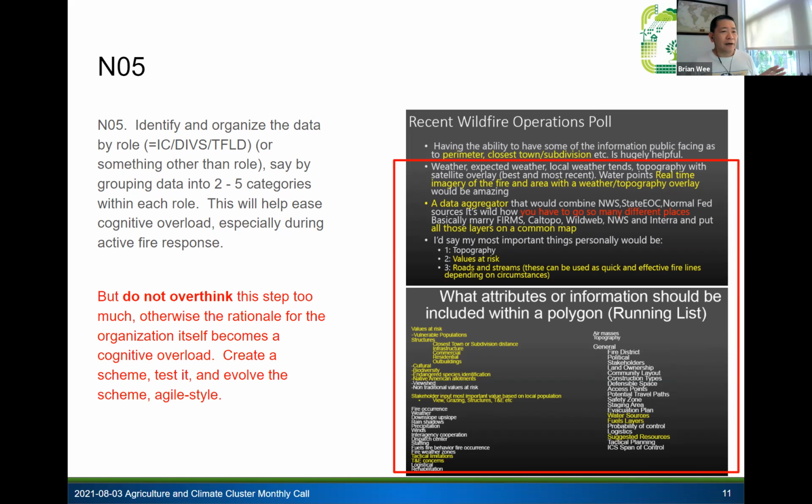Anyway, I think, Dave? Well, I had a thought. I think this would be a big project, but ideally, if we had all these different layers of data, most firefighters want a tool that's going to help them make decisions.